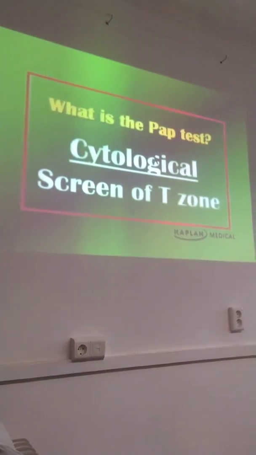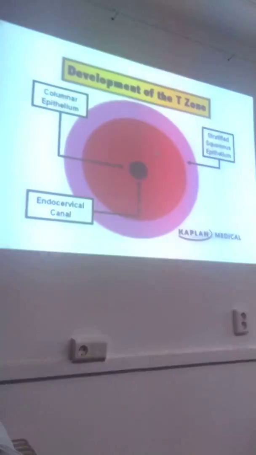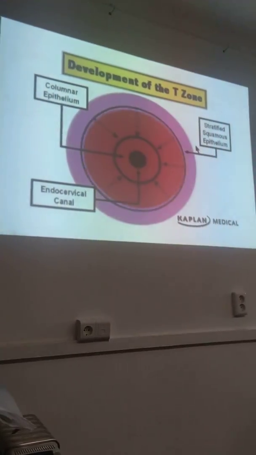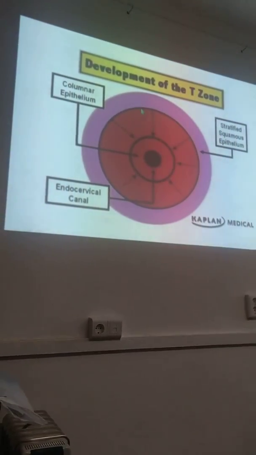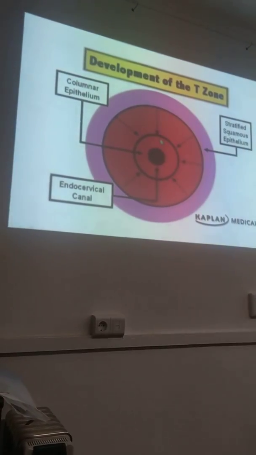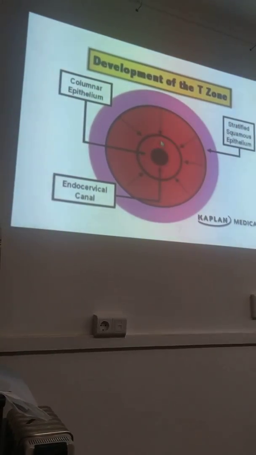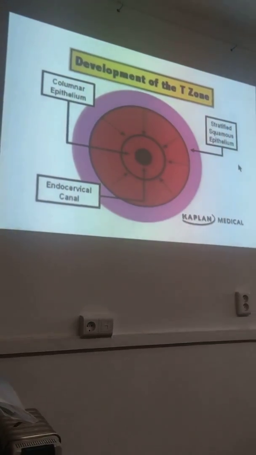All right, the Pap test is a cytological screening of the transformation zone. And we talked about this earlier, the T-zone. There is a movement of the old squamous-columnar junction to make a new squamous-columnar junction through the process of metaplasia when the adolescent's cervix is exposed to the acidic pH of the vagina.